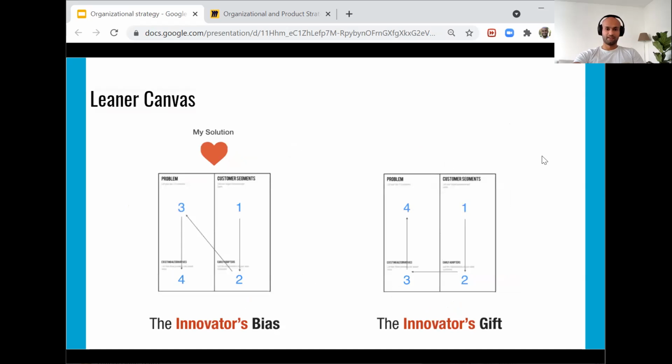When you're using something like a lean canvas, it's important not to fall into the innovator's bias, where you look at the customer segments, then the early adopters, the problem, and then the existing alternatives or the competition that is there in the market.